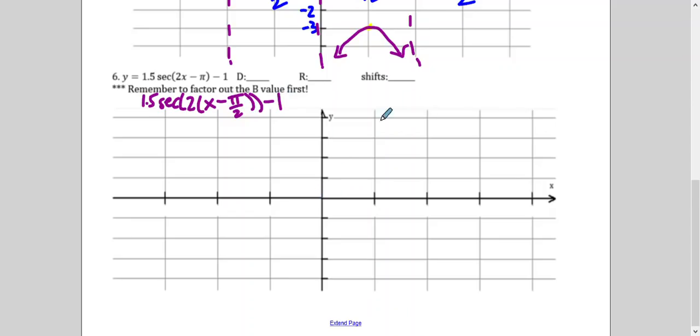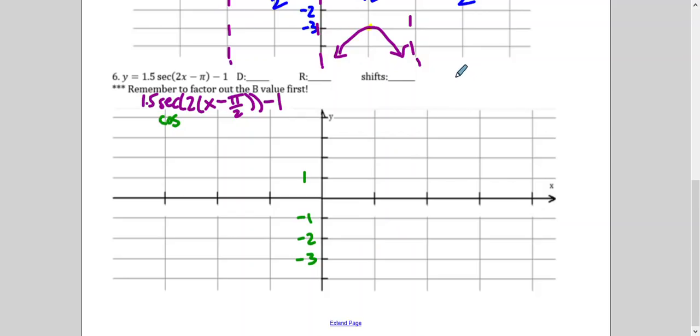minus 1. My helper function for secant is cosine. So I'm going to start labeling. I need to go down 1 to -1 for my midline. So let me put in a few more numbers. And then I need to go right pi over 2, so my graph's going to start there. Oh, but before I label that, I need to figure out my period.